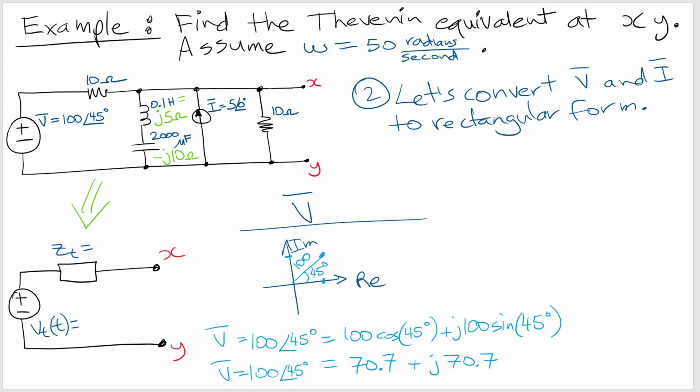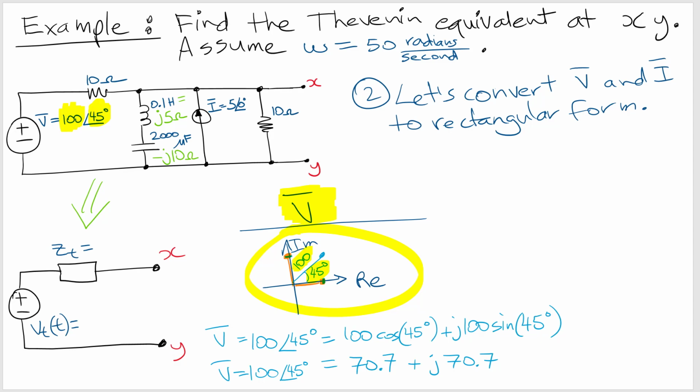Okay, so let's start with the voltage phasor. We'll just plot it here to visualize it. Our magnitude was 100 and a phase angle of 45 degrees. So that's what we've drawn in our little drawing here. What we're doing is finding what the value is here on the real axis and what the value is here on the imaginary axis.